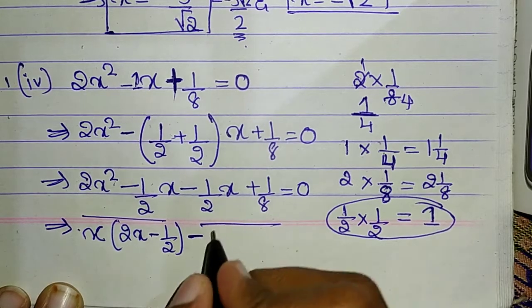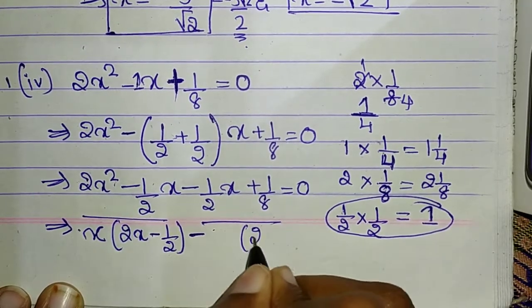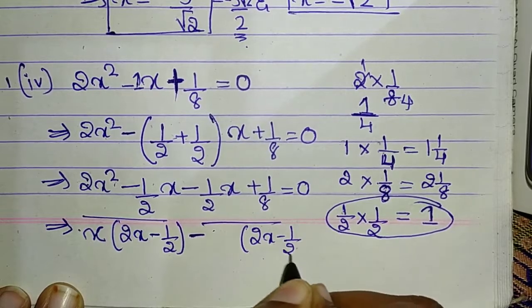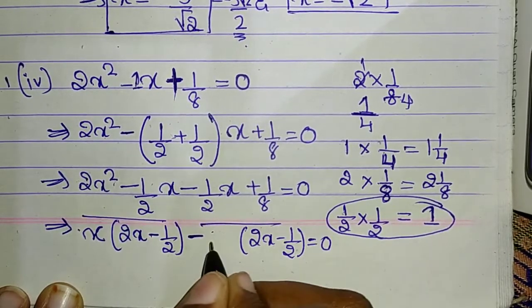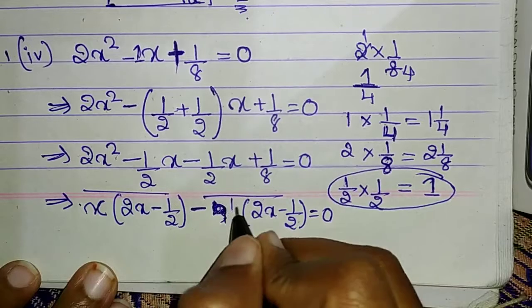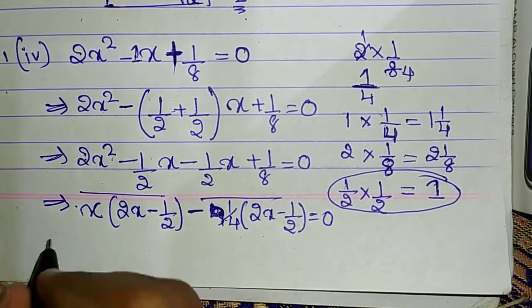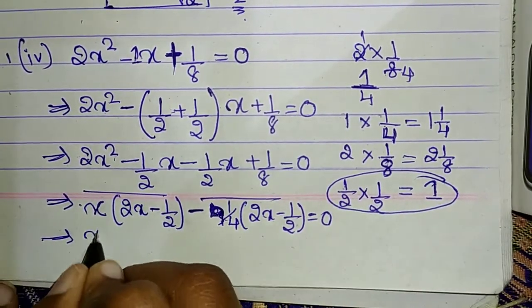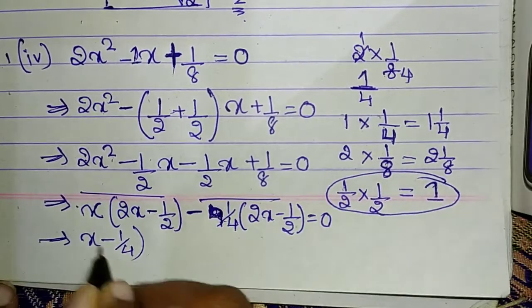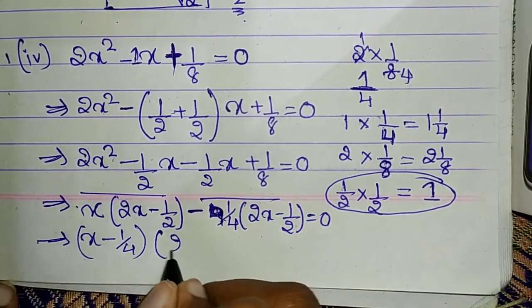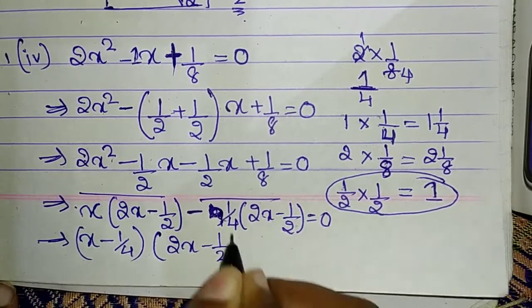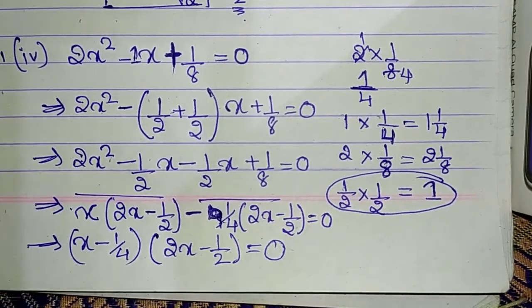x is common, then what remains inside the bracket is 2x minus half, and here minus 1 by 4 times 2x minus half is equal to 0. So what remains outside is 1 by 4. So taking common once again, x minus 1 by 4 and 2x minus half is equal to 0.